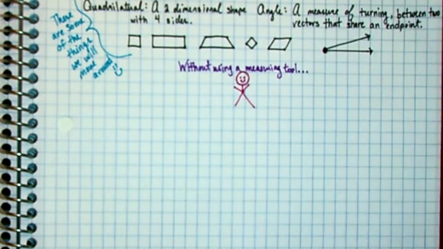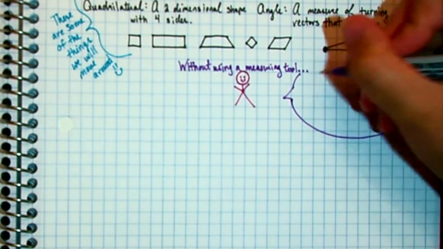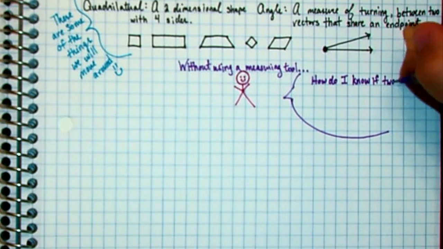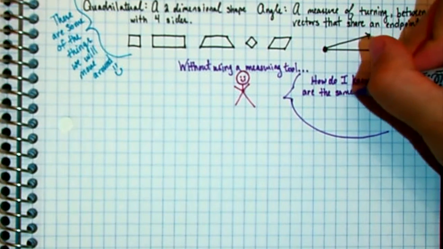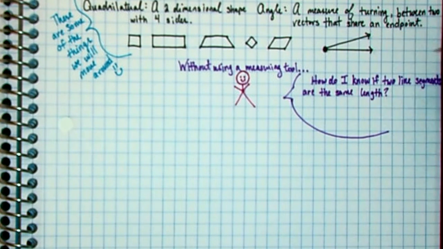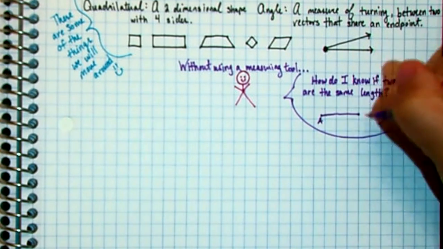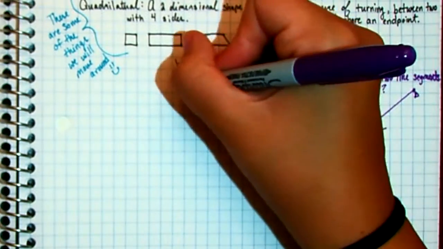So we can ask different questions like, how do I know if 2 line segments are the same length? Now, normally you would take out a ruler and measure, but we can use properties of transformations to move one of those segments on top of the other and check if they're the same length without using a ruler or compass or any of those things.